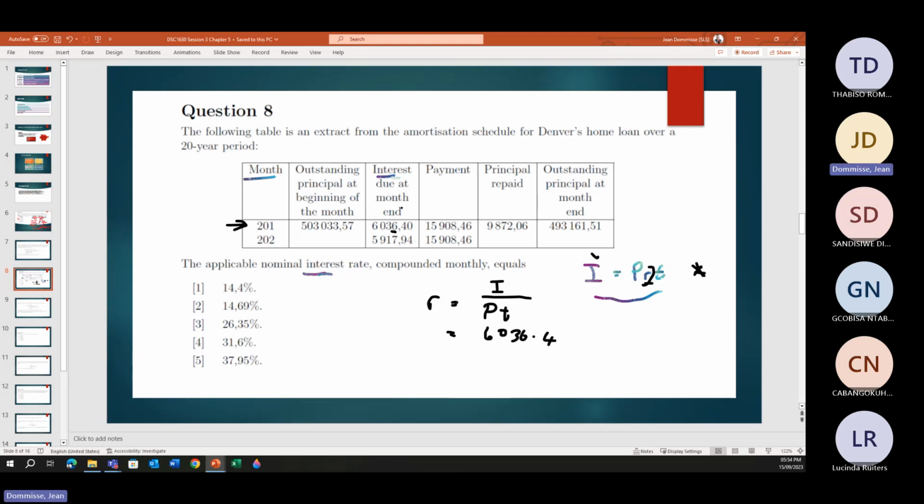Then what I also have is the beginning period. I've got that. So the beginning of that period would have been 503,033.57. And my time, it is per month.